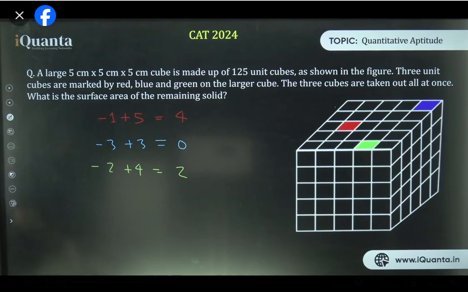Okay? Is that clear, everyone? I wrote a difference. So basically, 6 new surfaces come up. Understood, everyone? We'll have 6 new surfaces, and every surface is of 1 unit each.